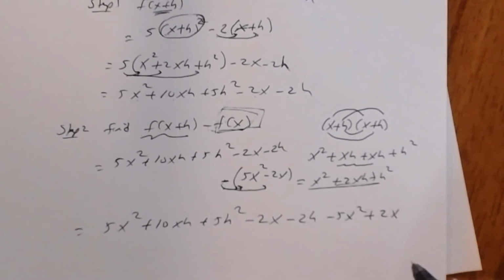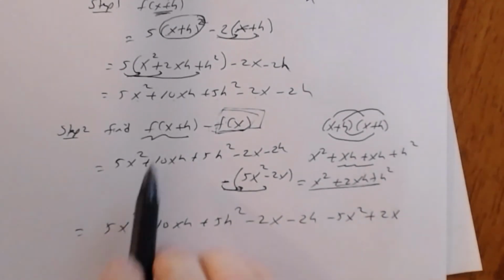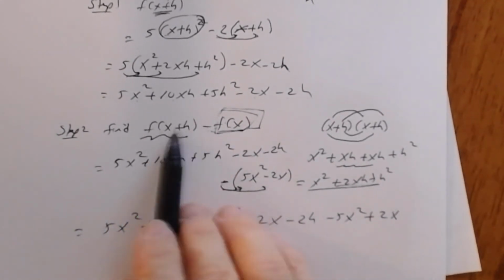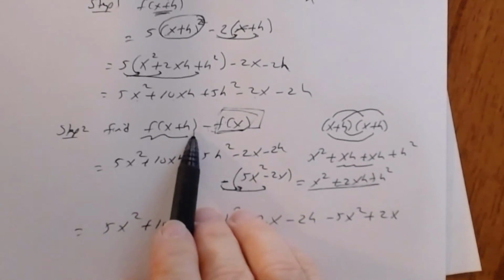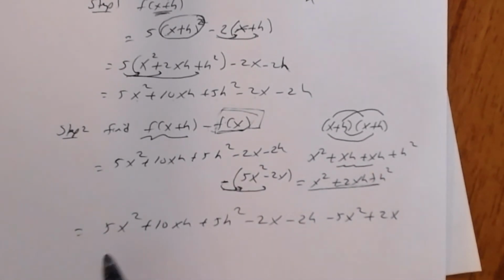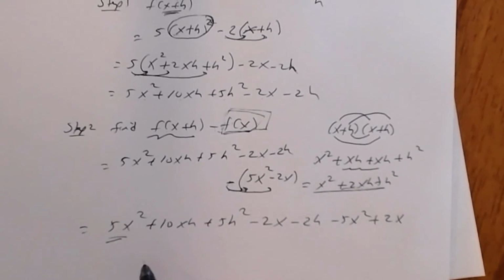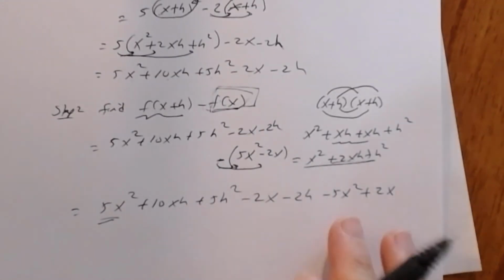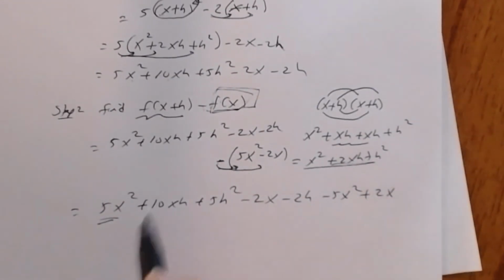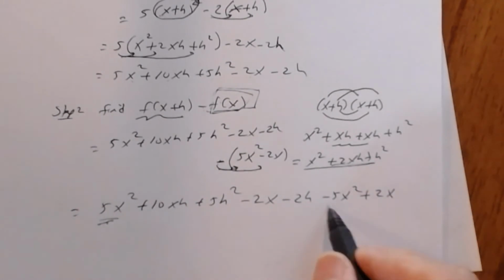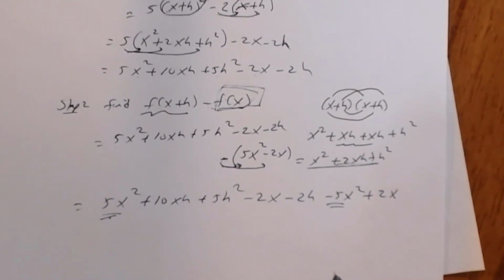Now, you can always check yourself, because at this point, when you've done step 2, every term that does not have an h in it, its opposite better be listed. So 5x squared and a negative 5x squared is 0.